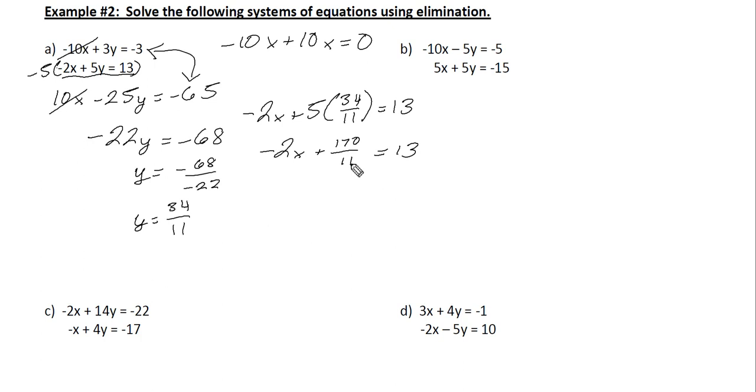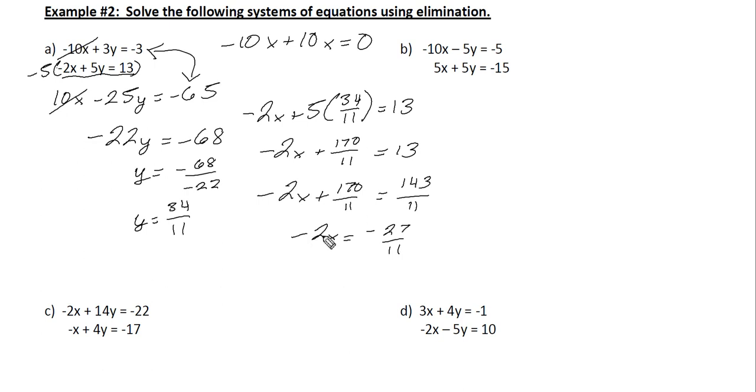We could just do 11 times 13, and we'd get 143 11ths. Now we're going to subtract 170 11ths on both sides. So if we do that, we'd get negative 27 11ths here.